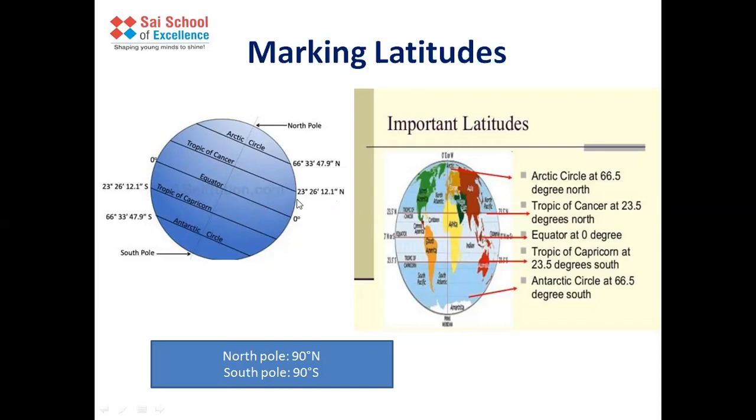Tropic of Capricorn, 23.5° S. Why S? Because it is there in the southern hemisphere. Arctic Circle, 66.5° N, and Antarctic Circle, 66.5° S.